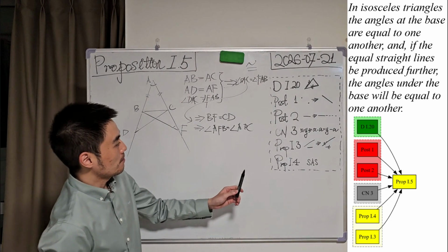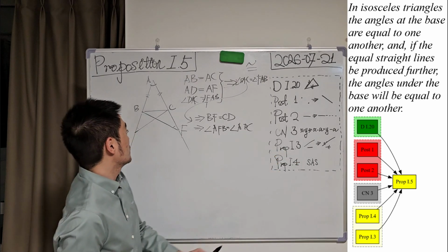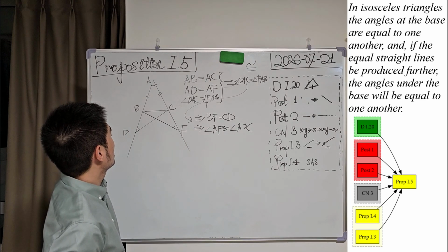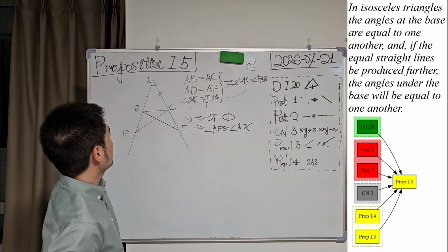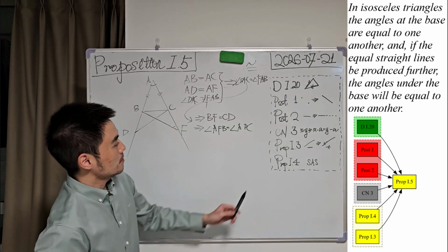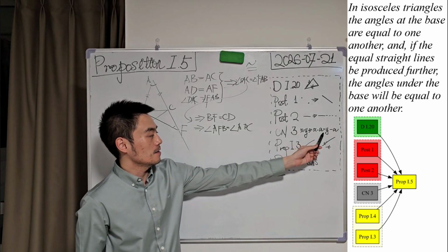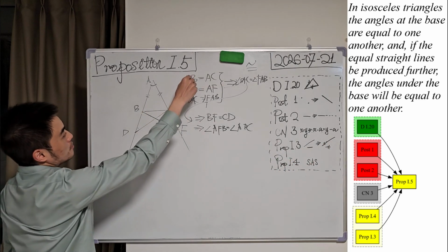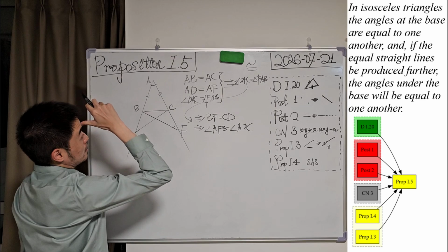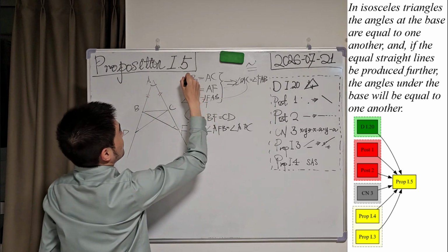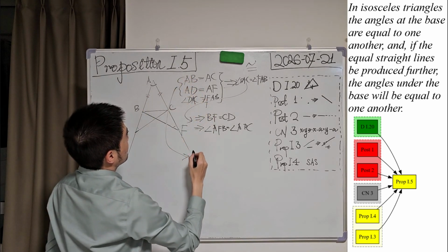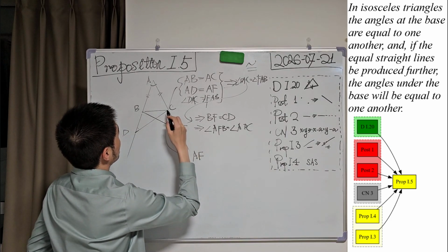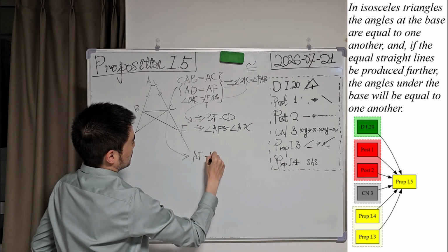And please have a look at common notion 3. If we are subtracting the same thing from equals, the results are the same. So we know these two equations, right? Combining them, we get AF, let's subtract AC from it.